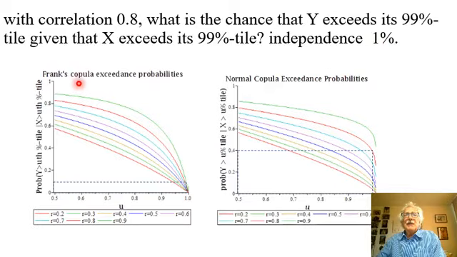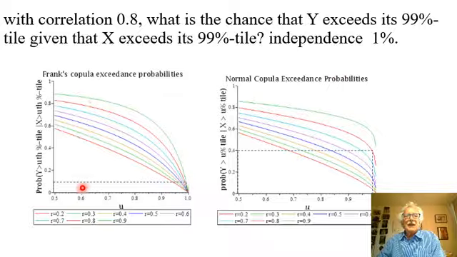So if we look at this Frank's copula, and what I have here are different correlations from 0.2 up to 0.9. And I'm going to consider the case that they are correlated at 0.8. And I want to look at the 99th percentile here. That's here. And I want to look at it on this curve, which corresponds to the correlation 0.8.